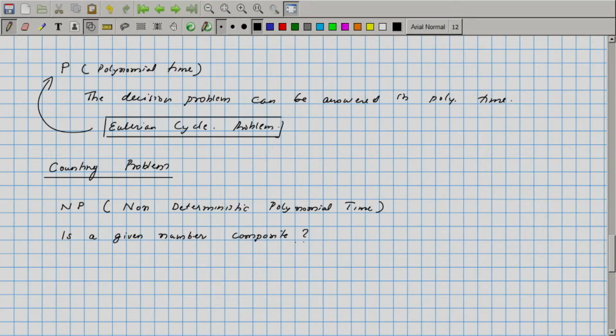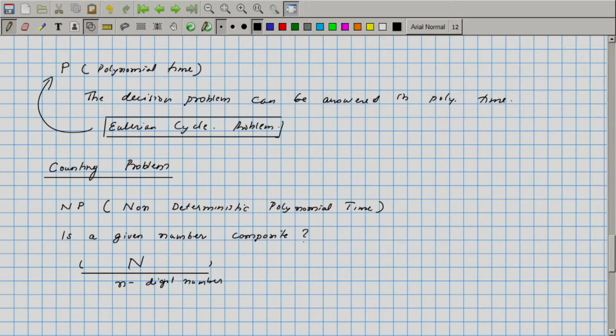So, the input is, let us say, an n digit number denoted by capital N, and we want to know whether this is a composite number.